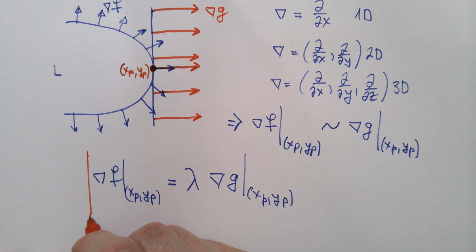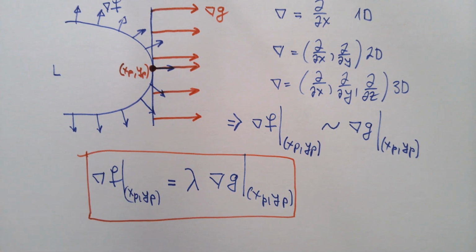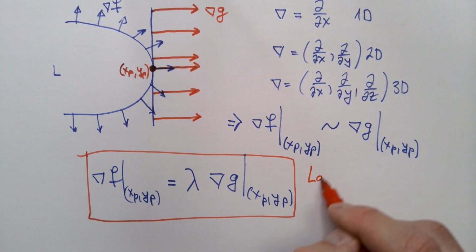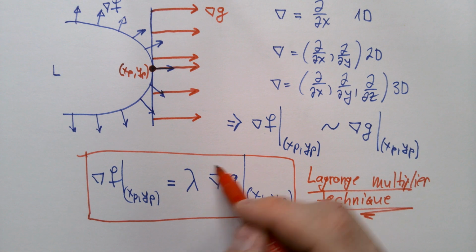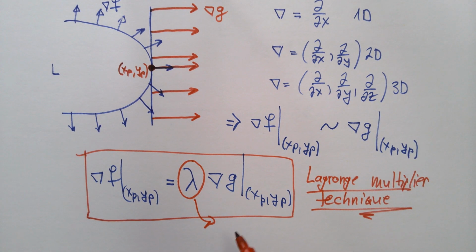And this, my dear viewers, is called the Lagrange Multiplier technique. And this lambda is called the Lagrange Multiplier.